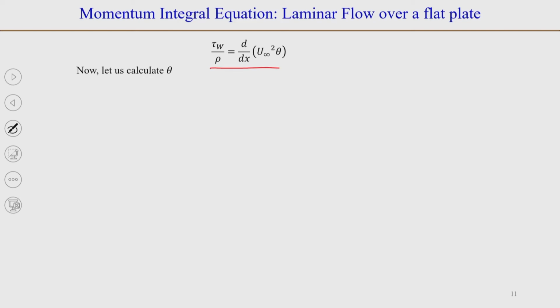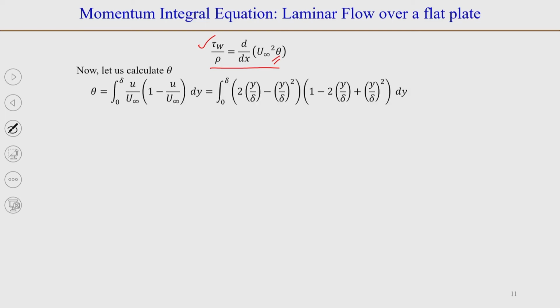So, we have the value of tau w, and what we need is the value of theta. U infinity is a constant in this case, and so we can write down the expression for theta, which is integral 0 to delta of u by u infinity into 1 minus u by u infinity dy.